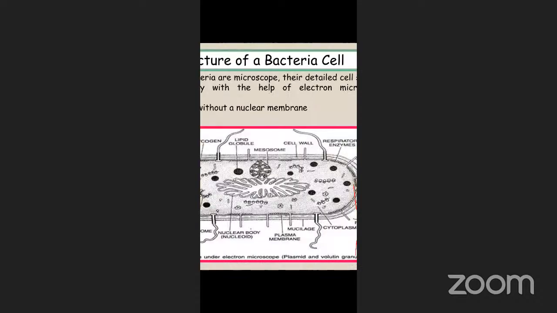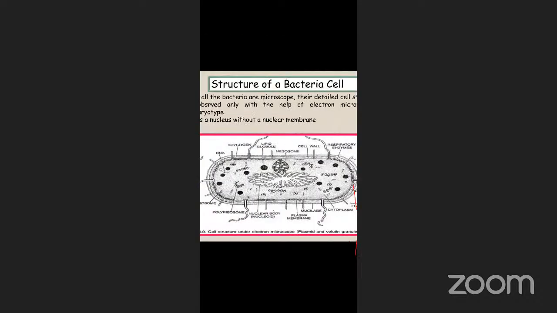The first one is the slime layer. What is the nature of the slime layer? It is a gelatinous or mucilaginous layer present on the outer surface of the cell wall, as you see in the diagram.